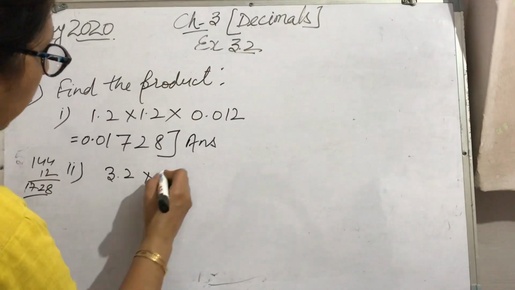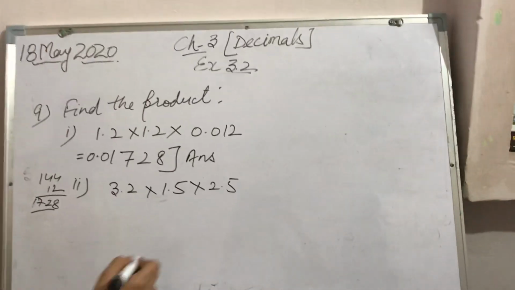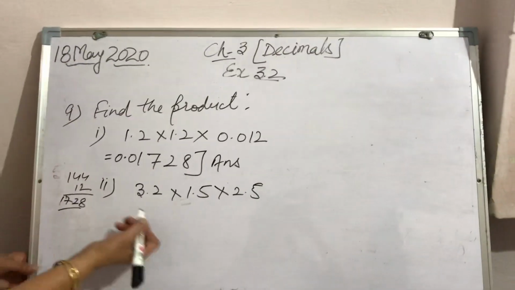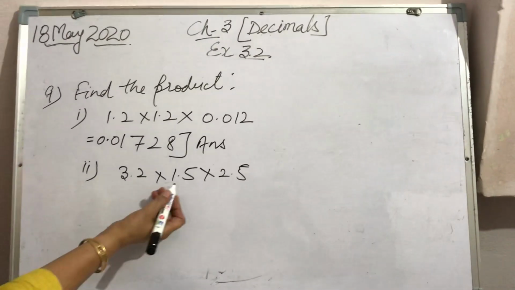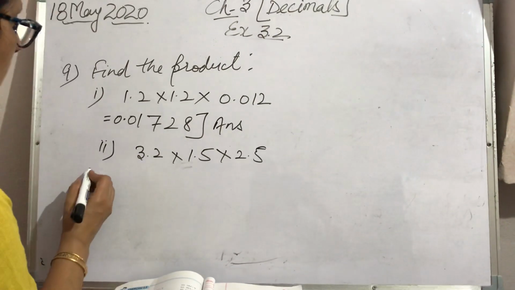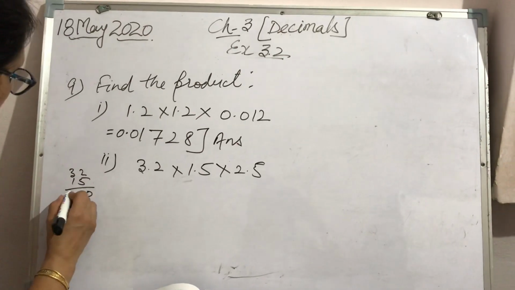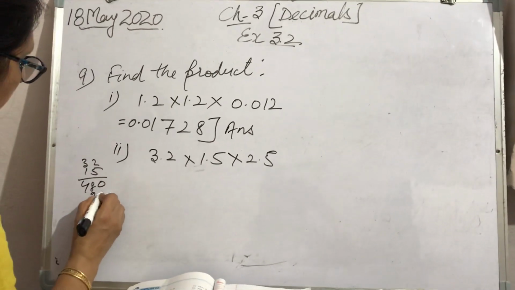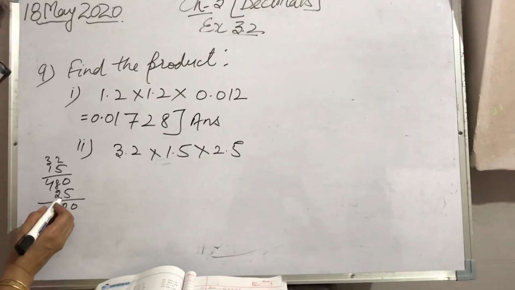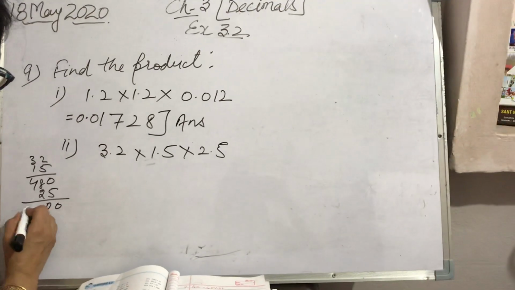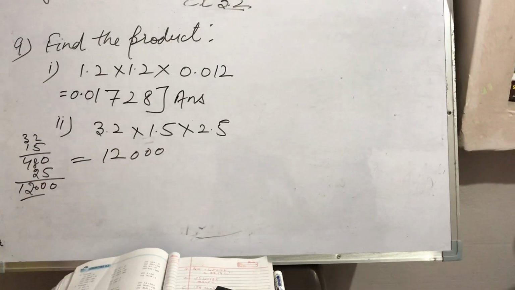The second part of the same question: 3.2 multiplied by 1.5 multiplied by 2.5. So again multiply 32 by 15 first, which is 480, then multiply with 25, which gives 12000.